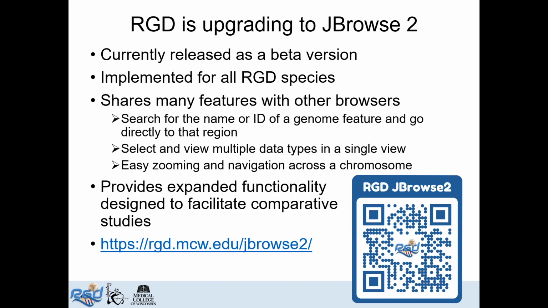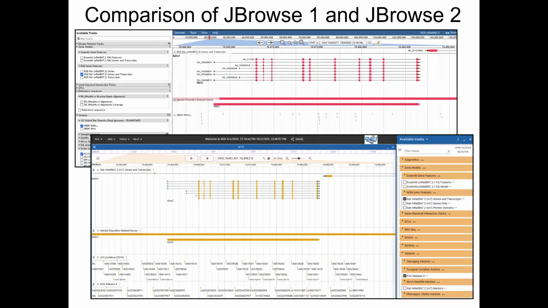Plus, it provides expanded functionality designed to facilitate comparative studies. And I'm showing you here the link to JBrowse 2, plus I'm giving you a QR code. If you follow that code, it'll take you right to JBrowse 2.